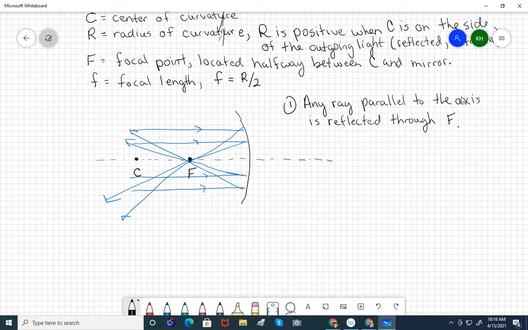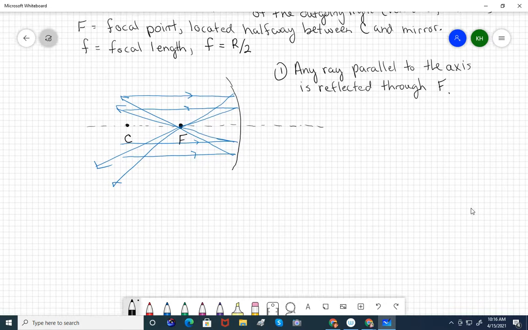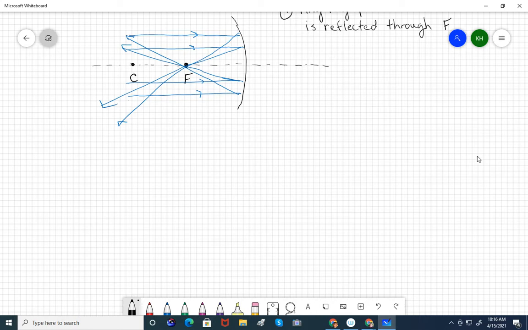Now, you'll remember that light rays are reversible. I can go at this the same way. Here's our mirror, slight curve. Here's our axis. Here's my focal point. C's about here.